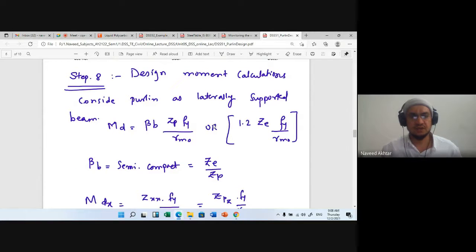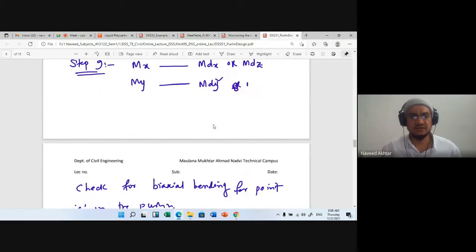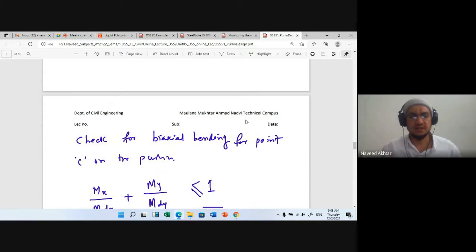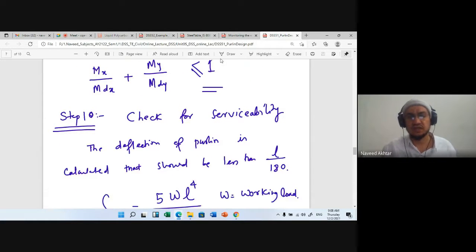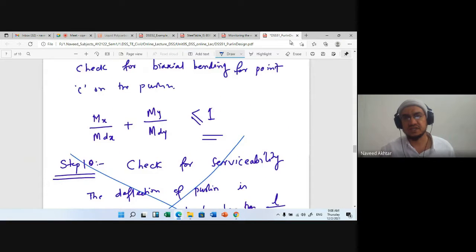Then find the design moments, compare them with the design capacities, and check the interaction equation: Mx upon Mdx plus My upon Mdy should be less than or equal to 1. Only the strength requirement is checked.